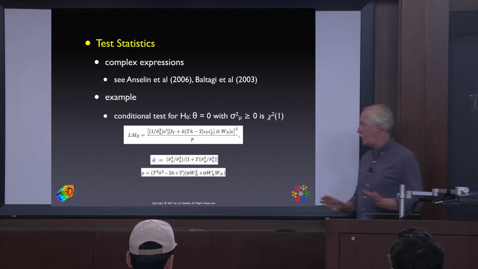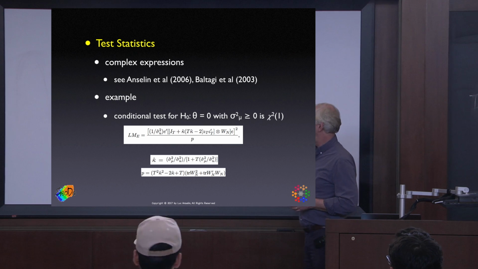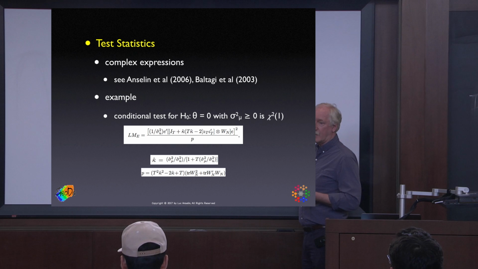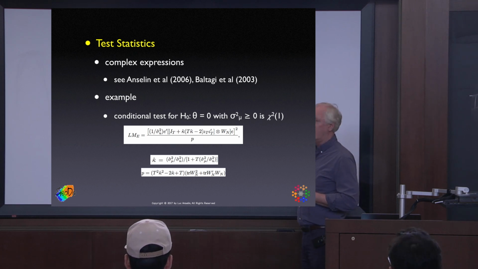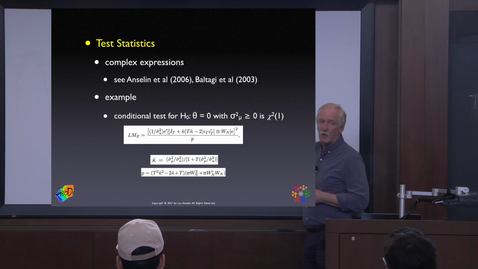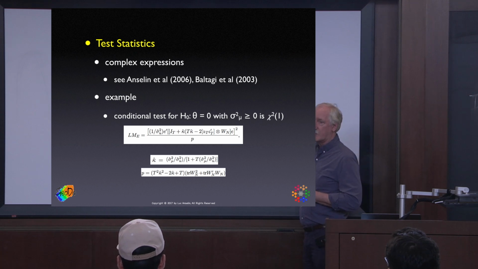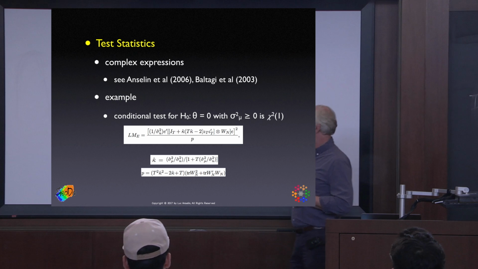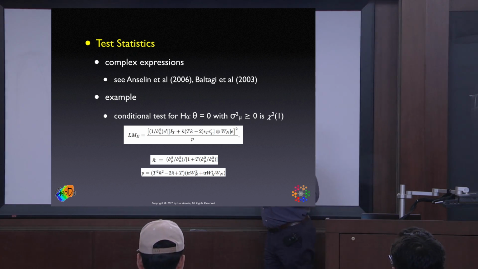And just to give you a taste, this is the conditional test for a spatial autocorrelated error term, a spatial autoregressive process in the error terms in a model with random components. So we have a standard random components model. We take the residuals of that random components model and put them in this thing.